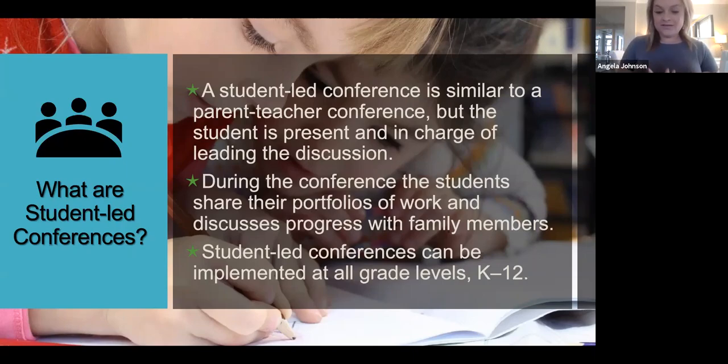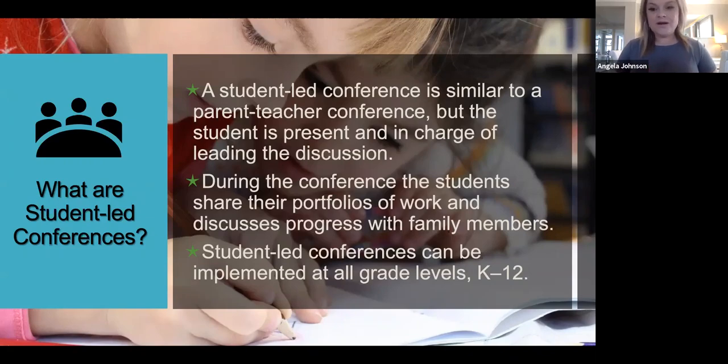They receive the information about the student and the learning, and there's not a lot of that back and forth connection that we could see. So one of the ways that you could go about conferences with the parents is having it be done through the student. So that's what we call student-led conferences.